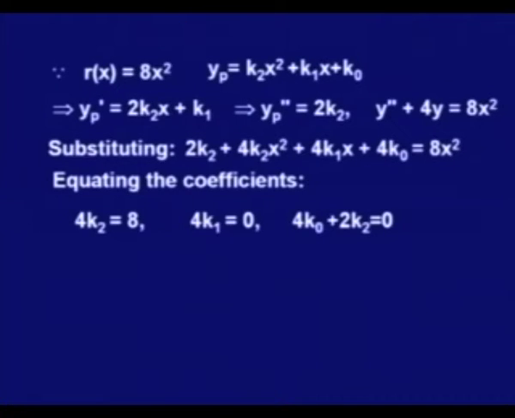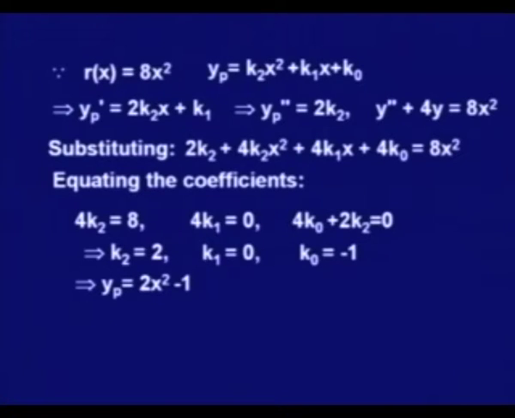From the first equation I get k2 = 2, the second equation gives k1 = 0, and the first and third equations give k0 = -1. Now, substitute this in our choice of y_p. I would get y_p as 2x² - 1.